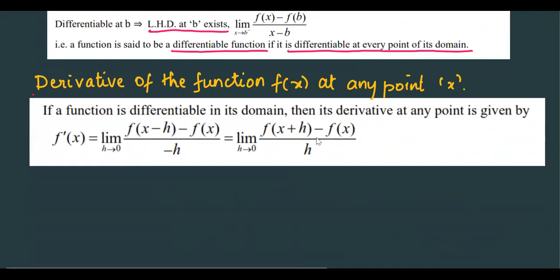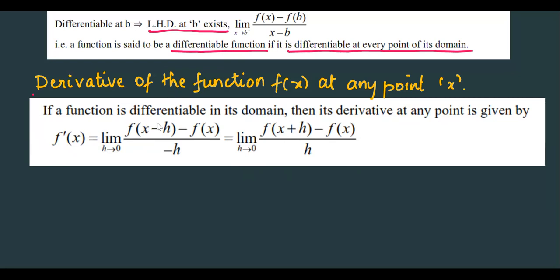So if a function is differentiable in its domain, then its derivative at any point is given by this fundamental value: limit h tends to 0, f of x minus h minus f of x by minus h, or limit f of x plus h minus f of x by h as h tends to 0. So the right hand derivative or the left hand derivative, both will be equal because it's a differentiable function.